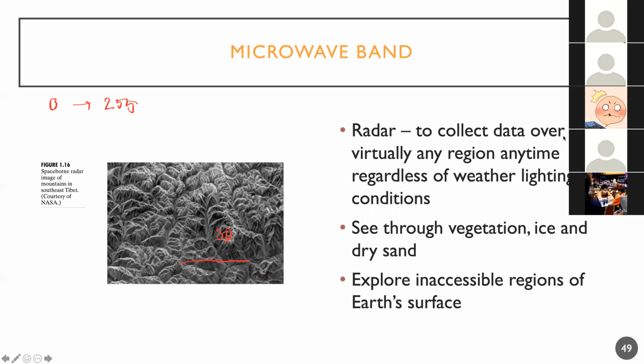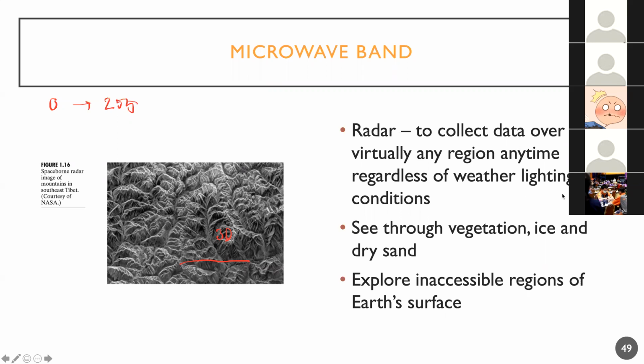Next one is microwave. The microwave band has a very famous sensor called radar. Because microwave has a low frequency, and low frequency has a very good property in penetration. So radar is used to collect data from regions regardless of weather condition.